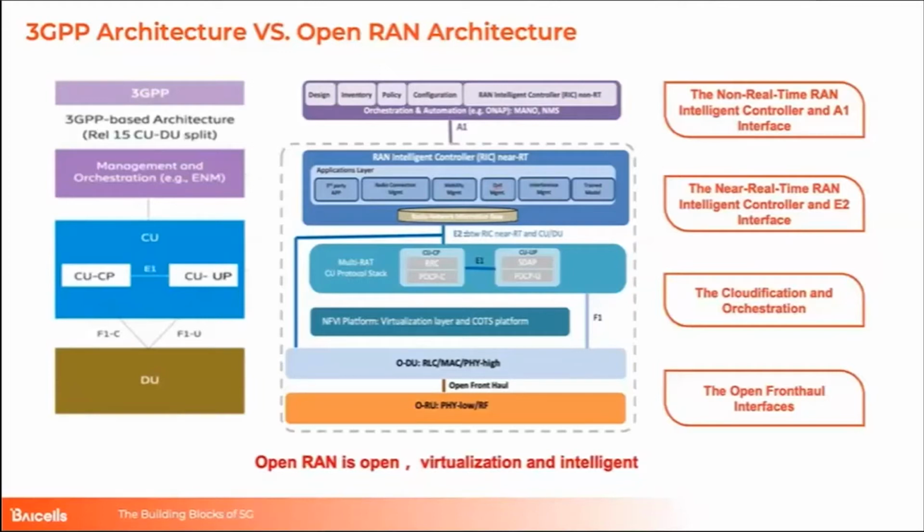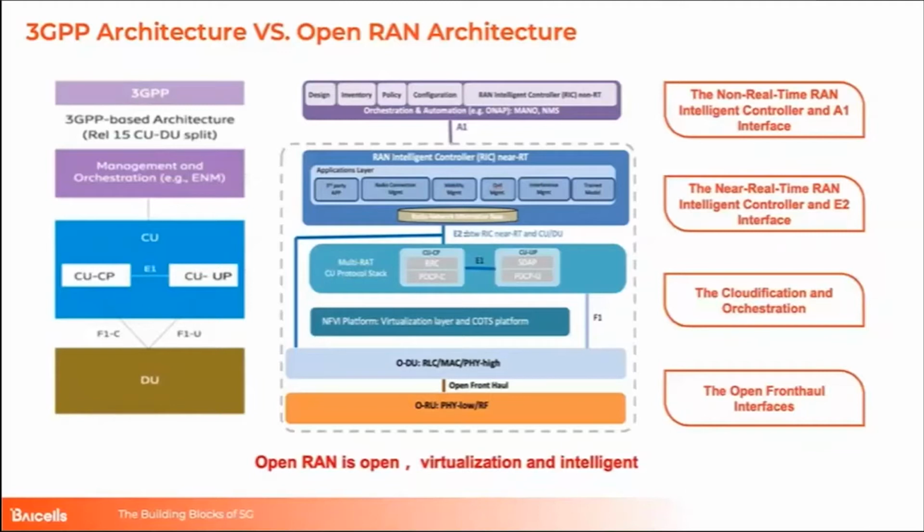Then two new layers come into place here: the near-real-time layer with the E2 interface, and then the non-real-time layer with the A1 interface. These is where you have all the applications, the KPIs, and the configuration of such RAN.